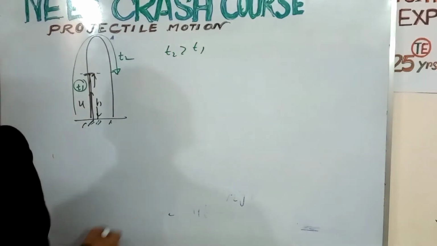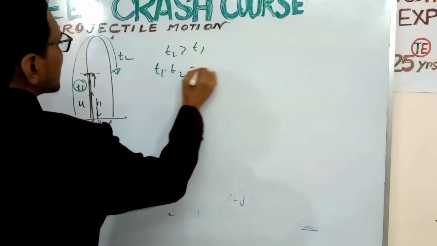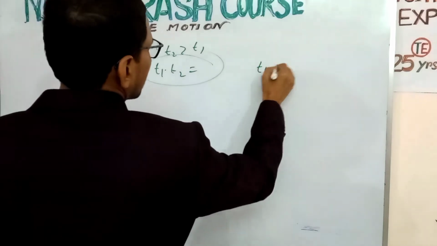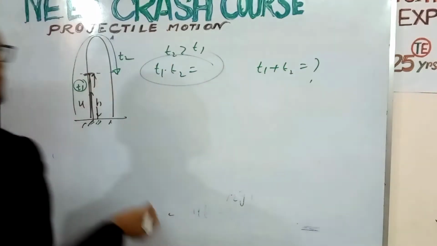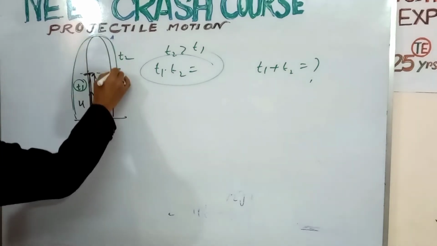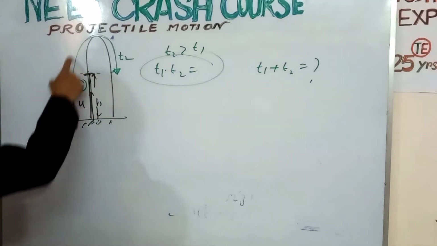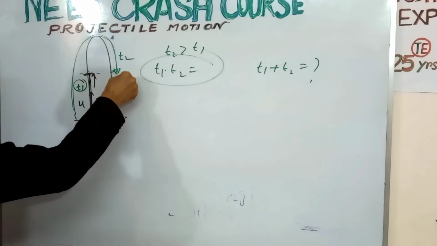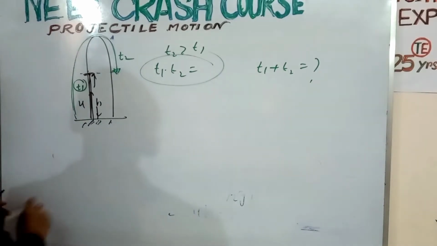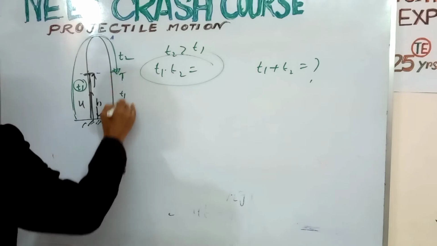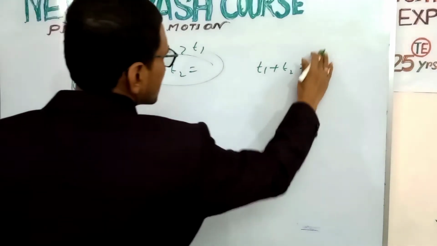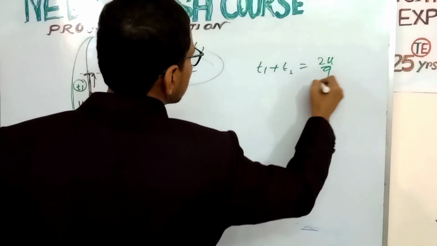Now what is the product of the two times, and what is t1 plus t2? The time taken to move from this point to the top is t1, and the same time t1 is taken from the top back down. So the total time of flight is t2 plus t1, which equals 2u by g.